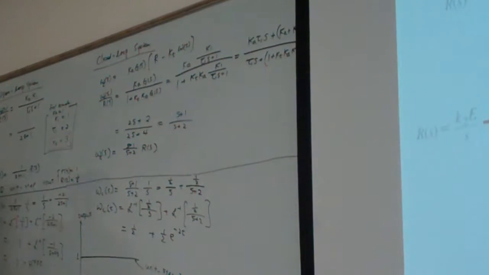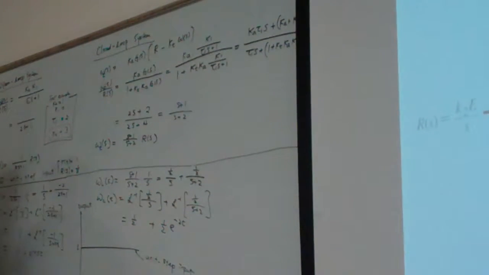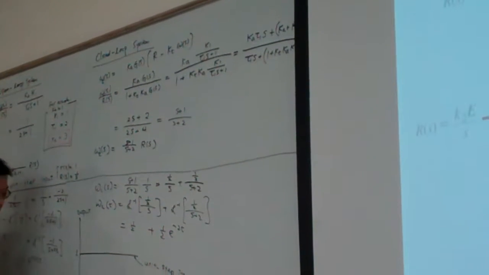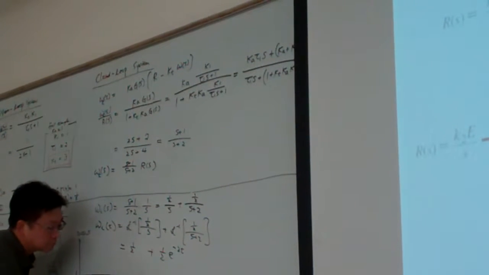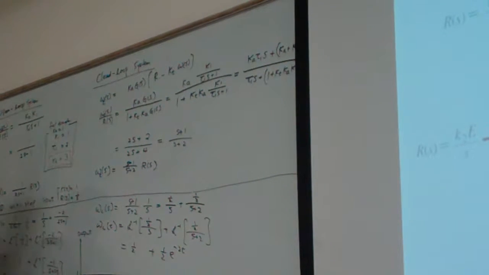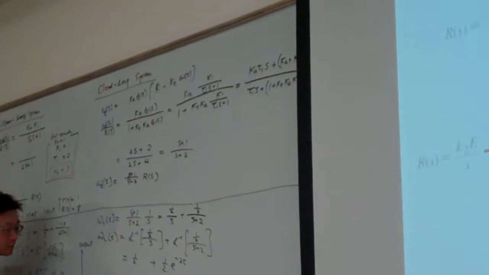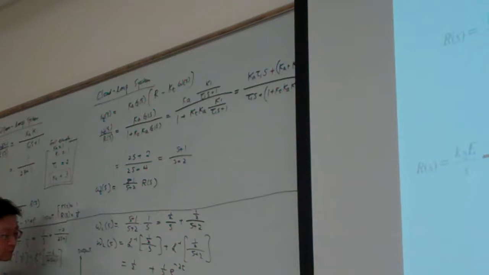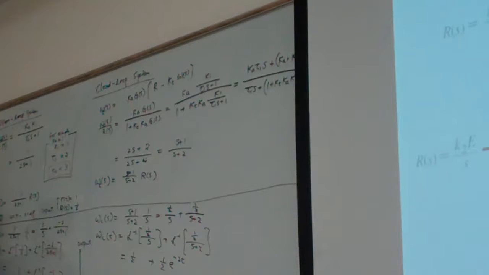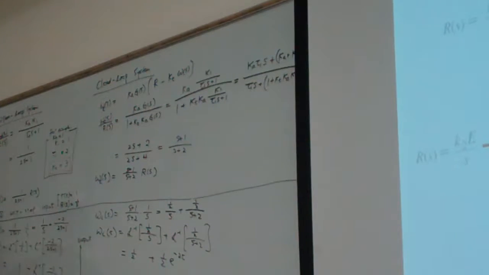So this profile is omega O of t. This is the exponential profile of 0.5t. The reason why is here.